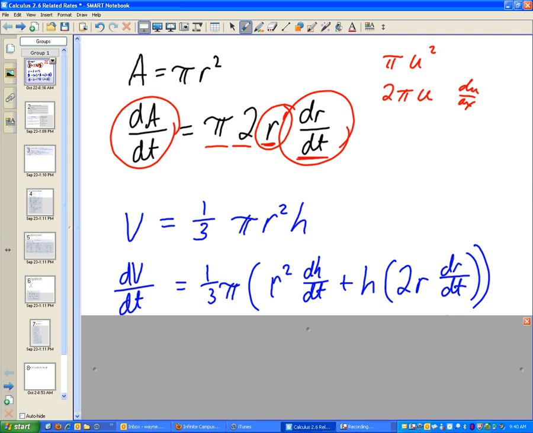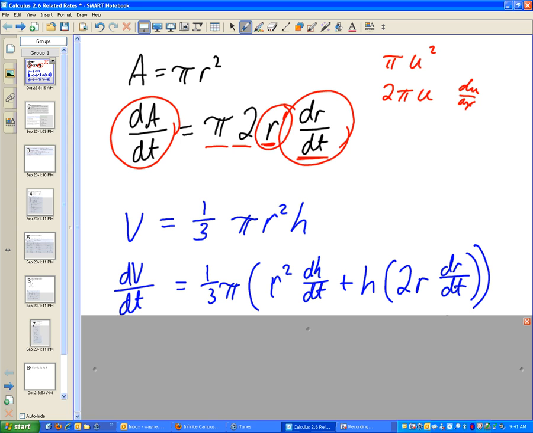Use implicit differentiation. V is a function of time, so its derivative is dv dt. And I do recommend trying to use this dv dt notation instead of v prime. You can go v prime if you have to. Now, to find the derivative of the right side, 1/3 is a constant. Pi is a constant.